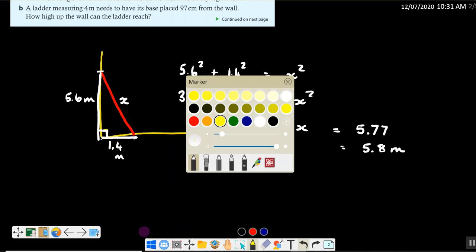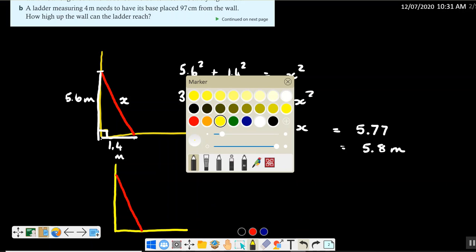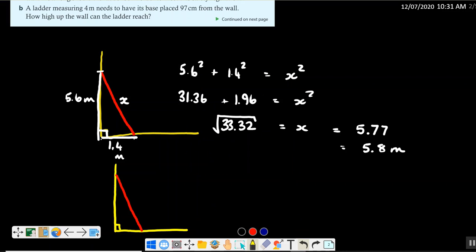So this time, what are you expecting, by the way, in a Pythagoras' theorem question when there's part A and part B? This is exam technique. What are you expecting to have to do? It's nice to think I actually know what's going to come, so I'm ready for it.